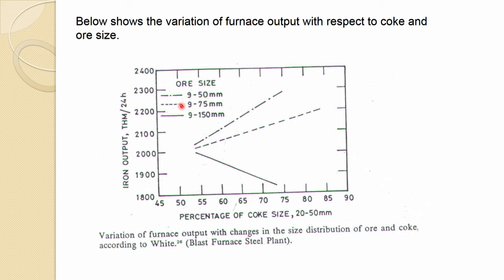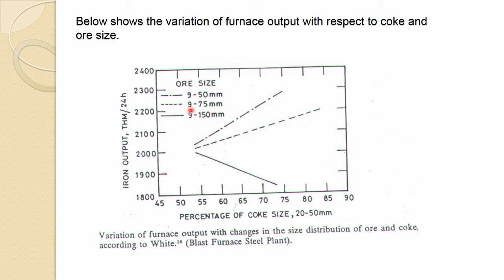Now, if you increase this range, instead of increasing, it decreases. The smaller particle will occupy the space in between the big particle and will reduce the permeability of the charge, and that is where you can see the production is decreasing, though with coke size percentage increase, quite substantially it has decreased.